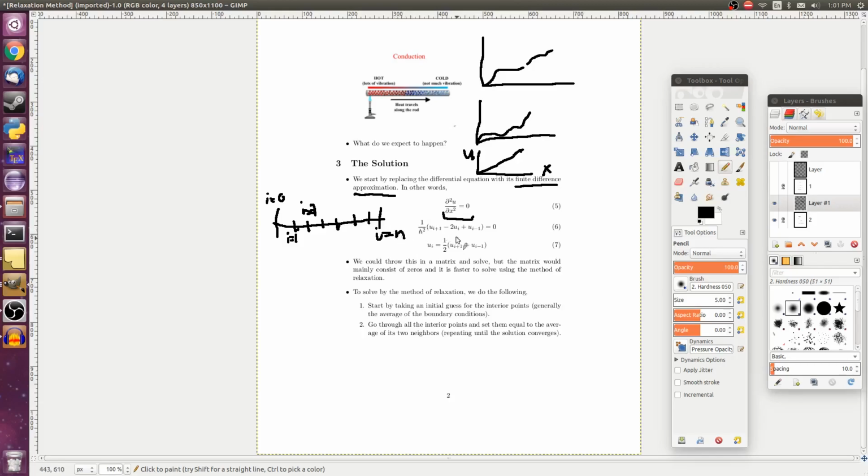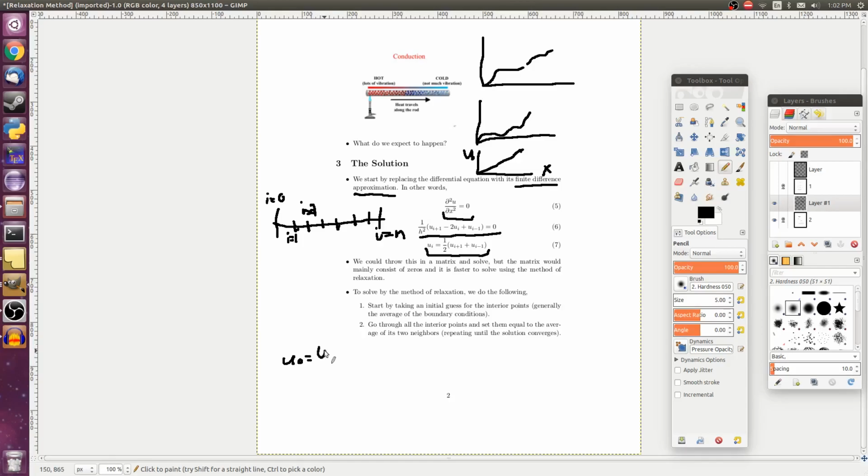So after we plug in our finite difference approximation and do some algebra, we see that the temperature at any point is going to be the average of its neighbors. So the temperature right here is going to be the average of i=0 and i=2. Now, you could write out all these different equations, so you would have U0 is given to you, it's the boundary condition.